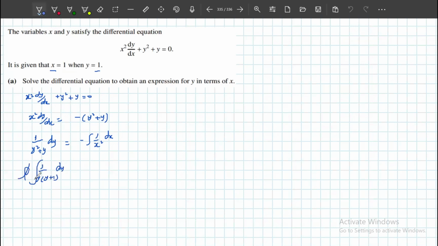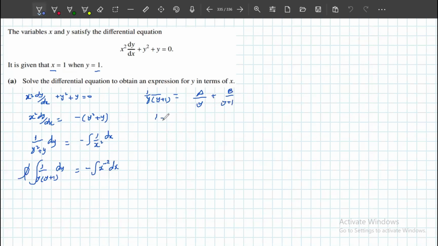Now it is separated, so we can apply integration, but remember that here we can use partial fractions as well. That means 1 over y bracket open y plus 1. Basically both are linear, so we can suppose two constants, a over y plus b over y plus 1.